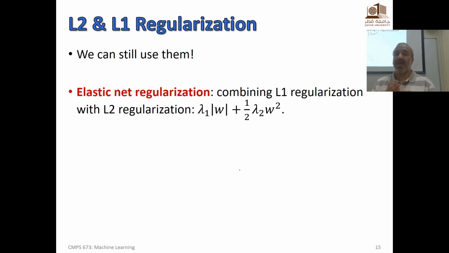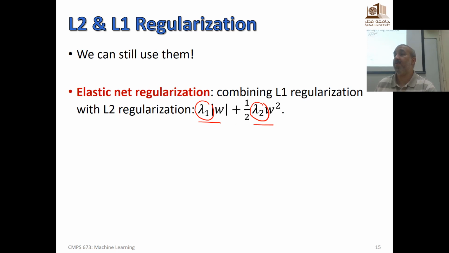We can use L1 and L2. We can even combine them. As you see here, we can just add the L1 regularization to the L2 regularization. In this case, we have different parameters. So these are now hyperparameters, one that belongs to L1 and the other belongs to L2.